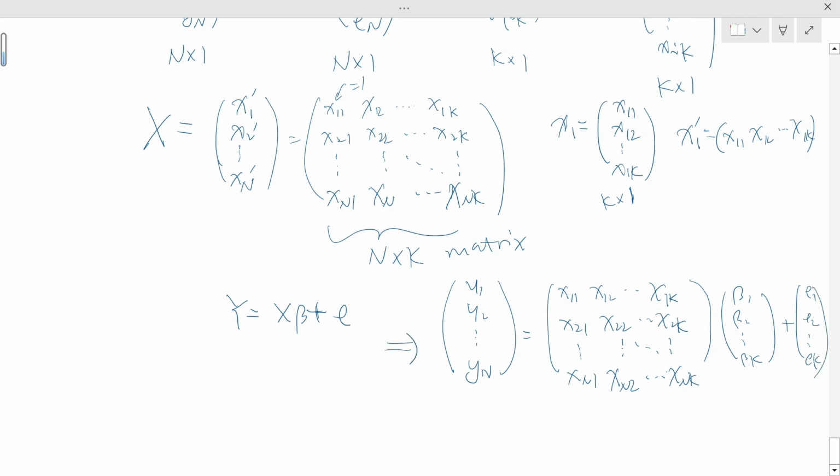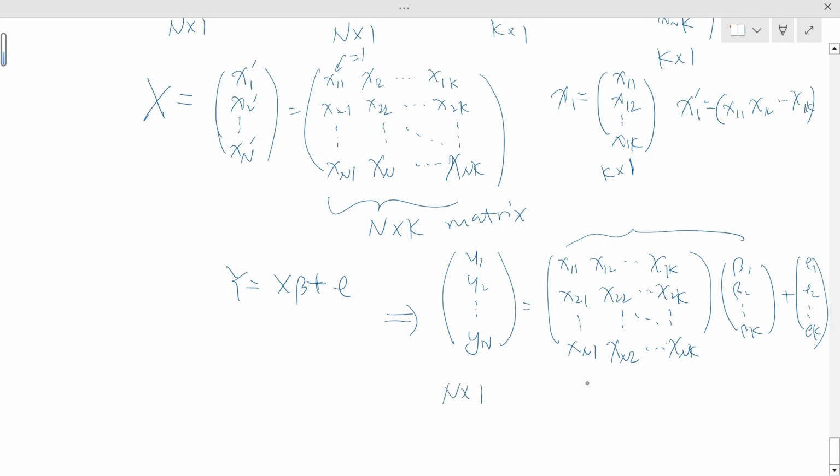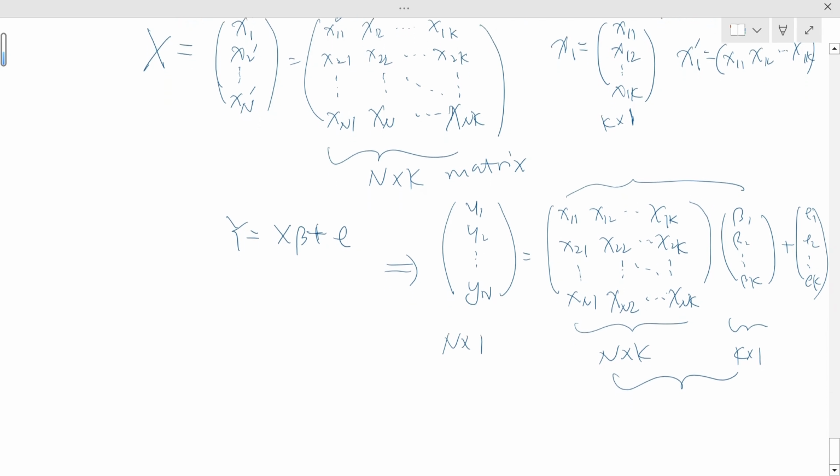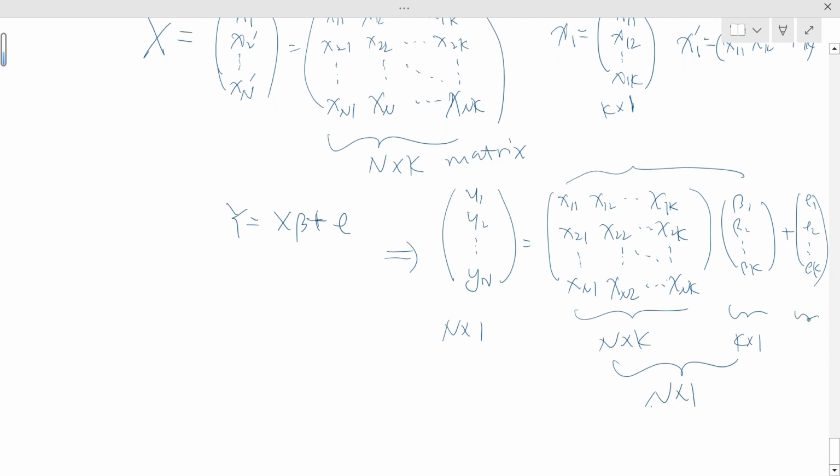That's the compact way of writing our system of equations. I assume you're comfortable with the linear algebra, the matrix multiplication here. This is n by 1, this matrix is n by k, this is k by 1, so the multiplication is n by 1, and this is n by 1. When we do matrix multiplication or addition, these matrices need to be conformable with each other.